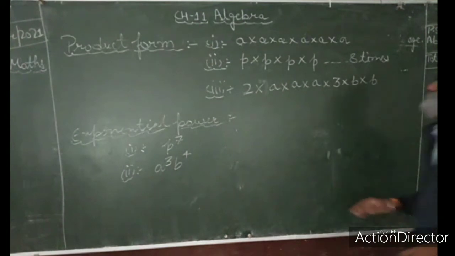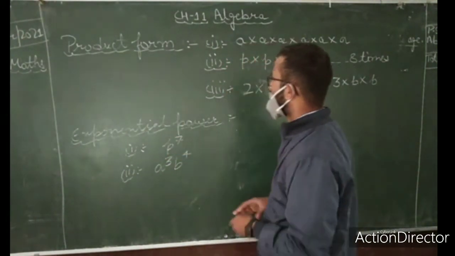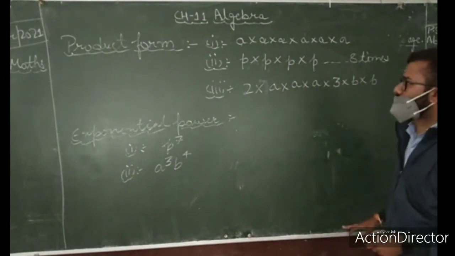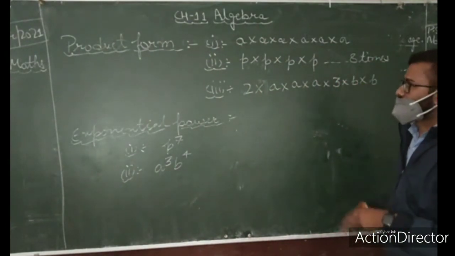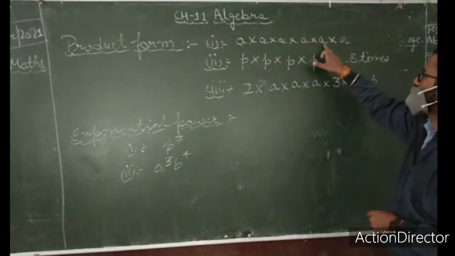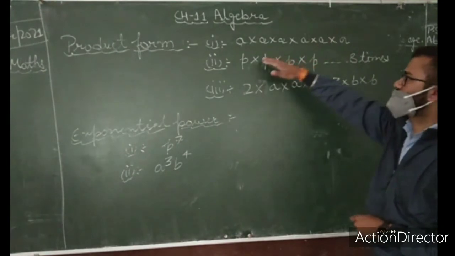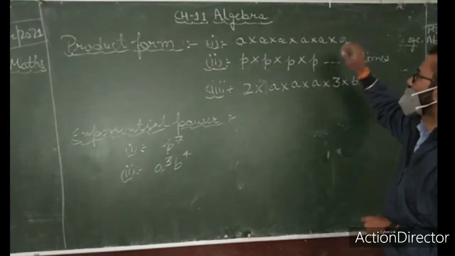Okay, now here we will discuss product form and exponential power. If the literal numbers are repeated again and again a fixed number of times, like here a is repeated total 6 times, then we write a multiplied by a and so on, in total 6 times.